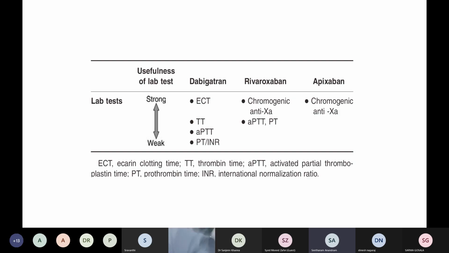So this table just summarizes the usefulness of the tests. Essentially, thrombin time, APTT, and PT are not very helpful. They basically just tell you whether the drug is there or not. They don't tell the amount of the drug present in the blood.